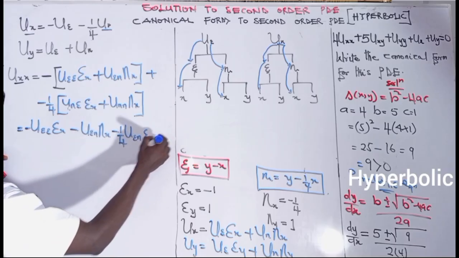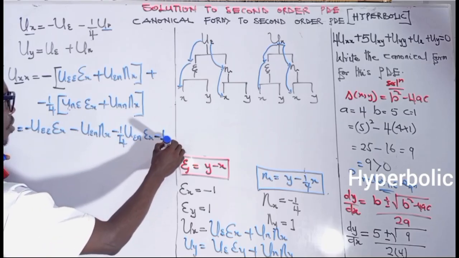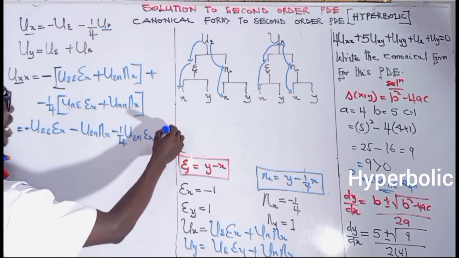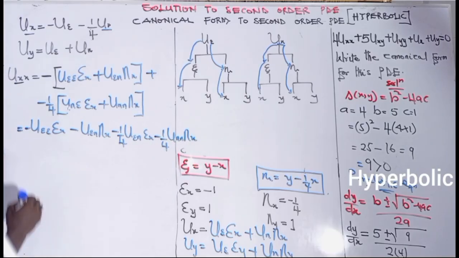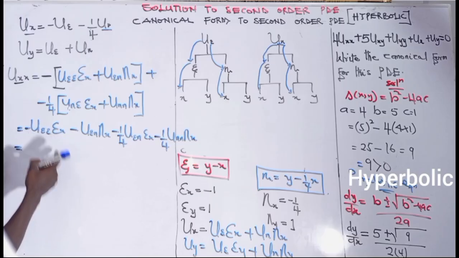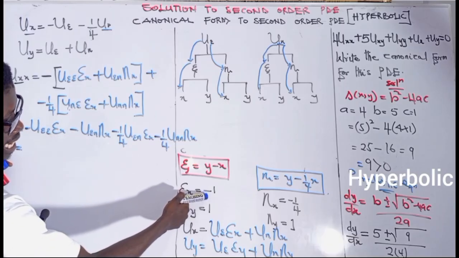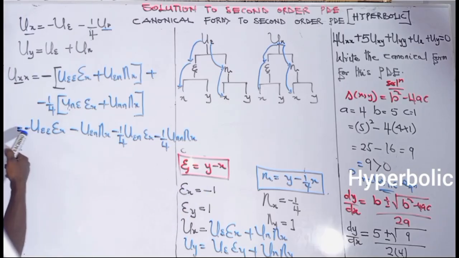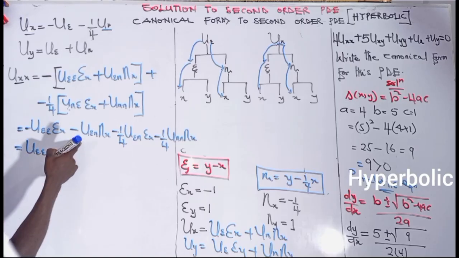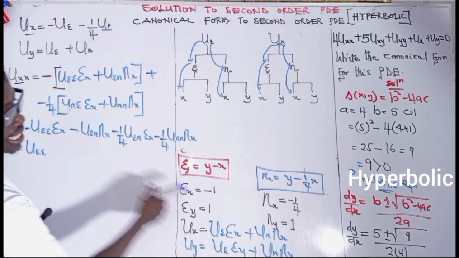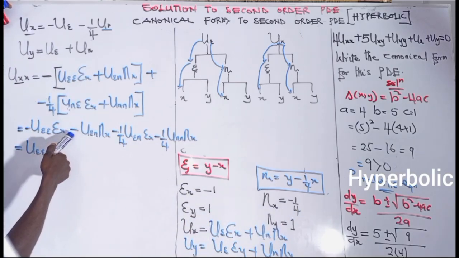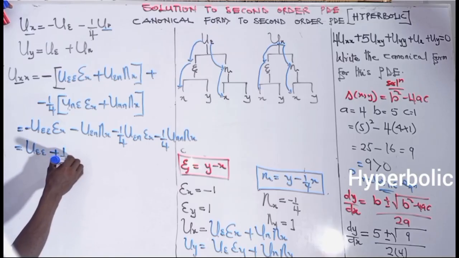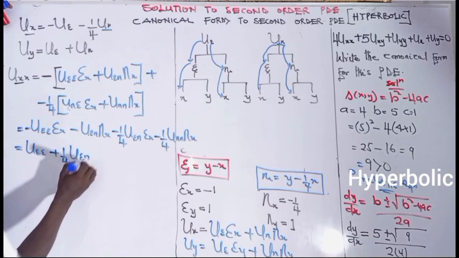And then we have -1/4 u eta eta x. Now you know that xi x is what? From here, xi x is -1. So -1 times negative gives us positive. So we'll be left with u xi xi. Then we also have eta x. Eta x is -1/4. When we multiply by -1, we are going to get +1/4 u xi eta.